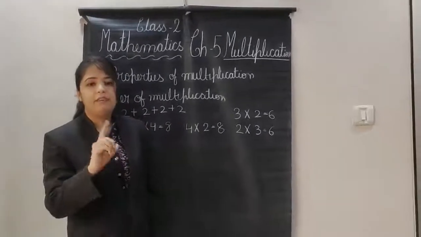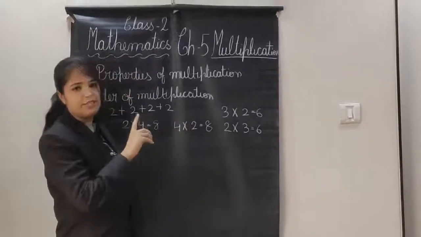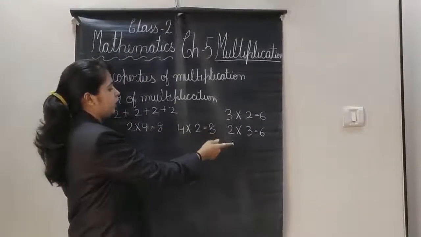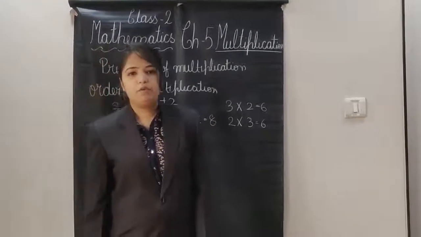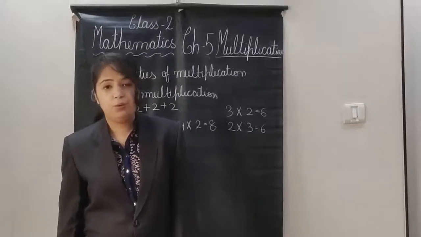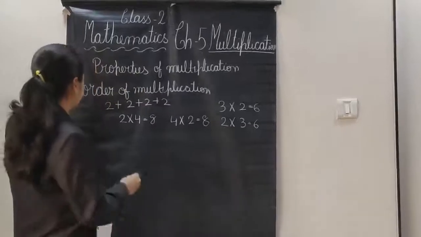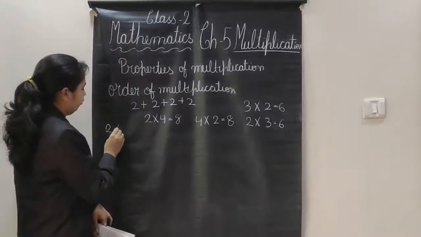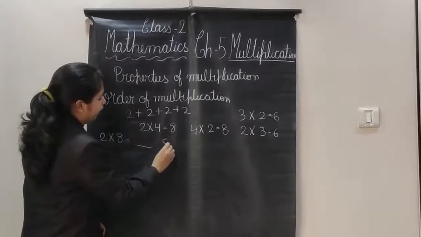Whenever we change the order of the numbers, we swap places, like 2 into 3 or 3 into 2. If you don't know the table of 8, like 8 into 2, but I know 2 eights are, I know the table of 2. See, 2 eights are, and 8 twos are.